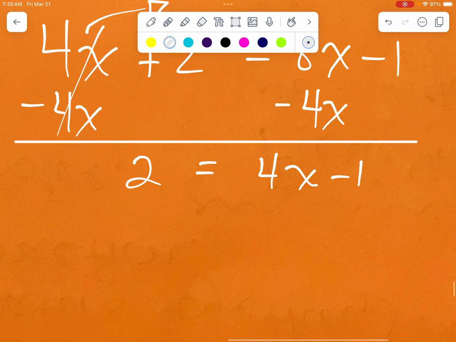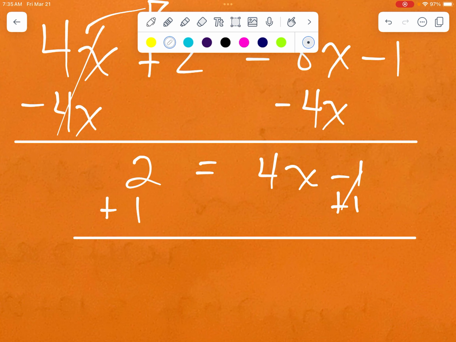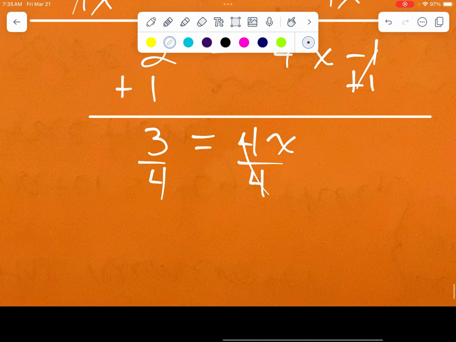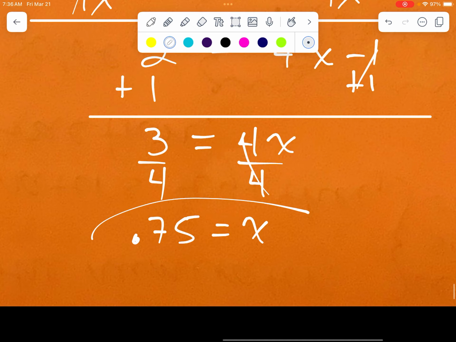And since I moved x's to the right, I need to move the -1 to the left. So we have to do the opposite of subtracting. We need to add that. So then I have 3 equals 4x. We're at our last step. The opposite of multiplying by 4 is to divide by 4. And so that leaves us with an answer of 3/4 or 0.75.